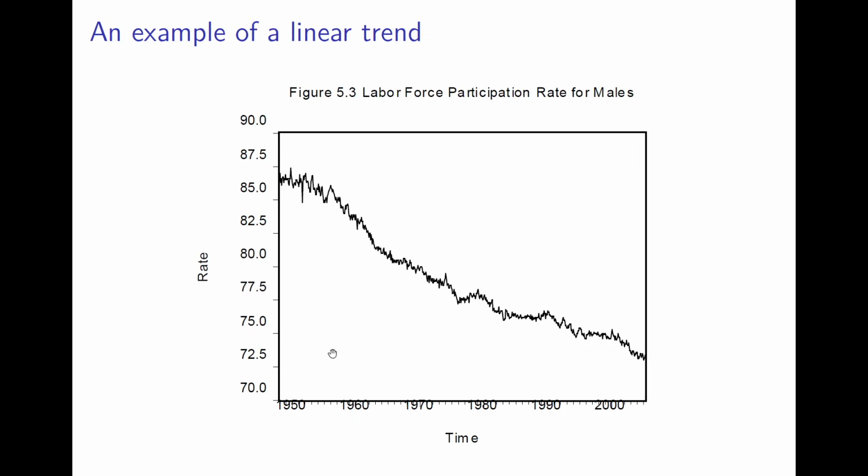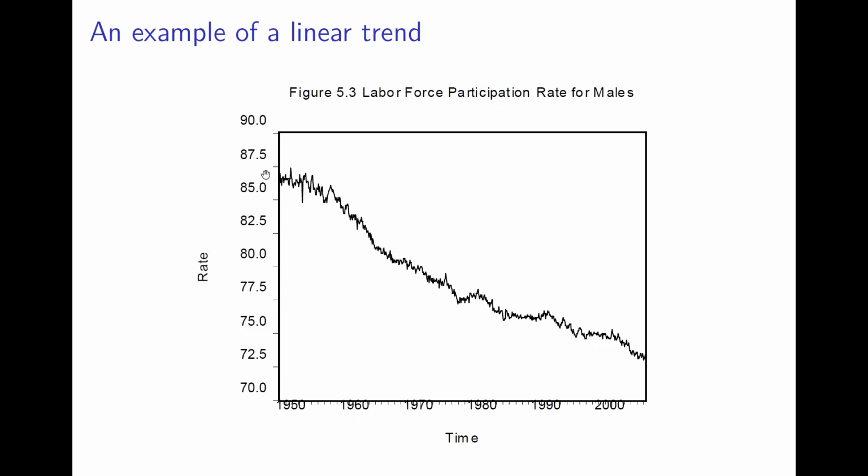Well, what is the vertical axis? It's the participation rate. It's the proportion in percentage terms, right? So it's the percentage of people who are of working age and, say, not incarcerated, who are actually in the labor force in the sense of looking for a job or having a job.